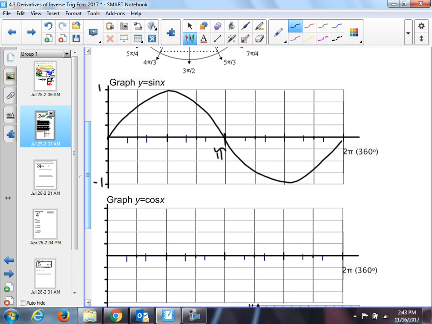I didn't draw it that well, but it's good enough. The reason why is I want you to come up with quick values. If I say, what's the sine of pi halves? 1.